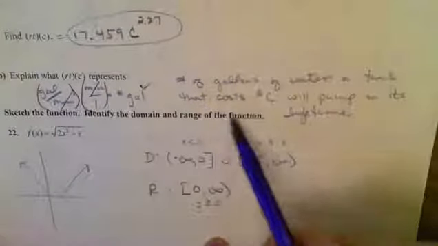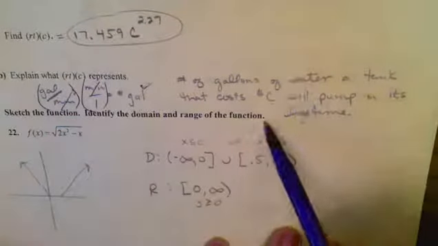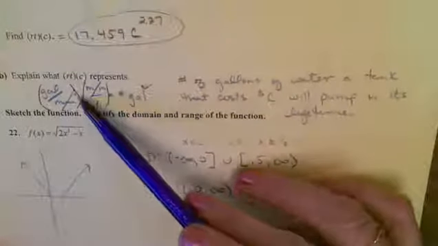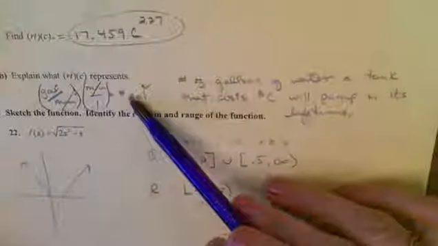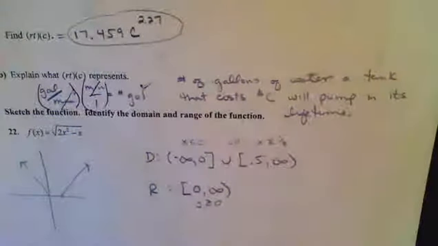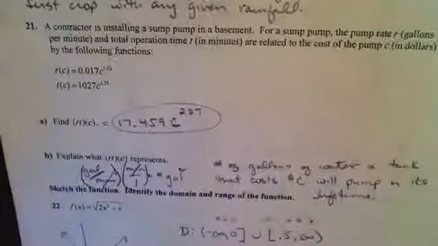So again, word that the best you can. I'll be pretty lenient on that, but I really am looking to see that you know that if it's gallons per minute times minutes, you're really looking at the number of gallons that it will end up pumping throughout its lifetime. All right, so definitely look at number 21, that you can do one like that.